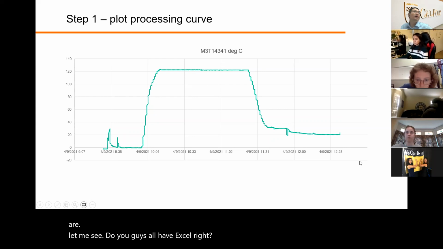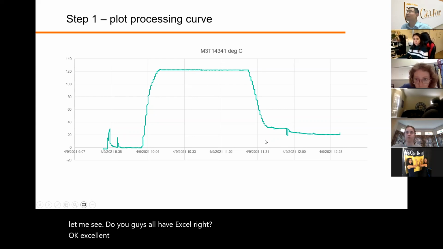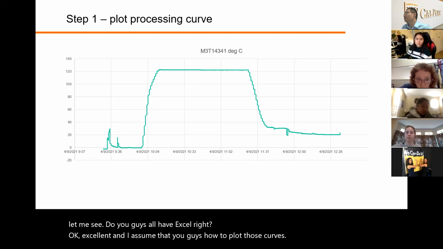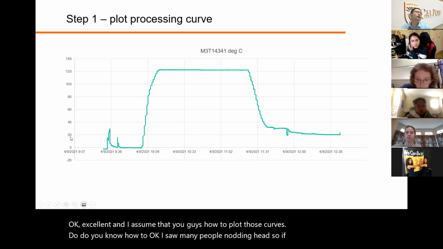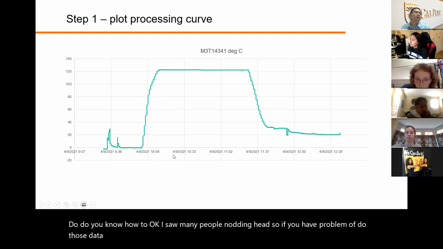Okay, excellent. And I assume that you know how to plot those curves. Do you know how to? Okay, I saw many people nodding. If you have a problem doing the data conversion, please let me know. Okay, so basically we're plotting it out.